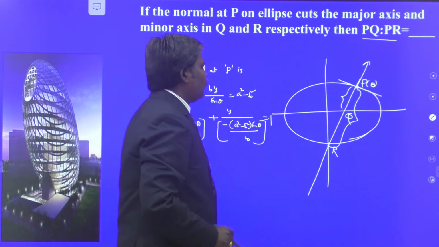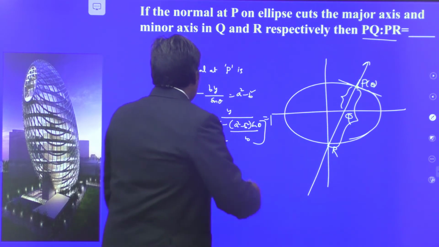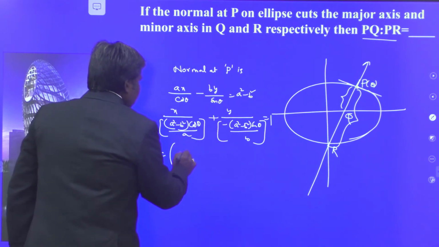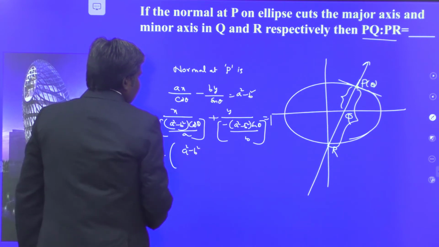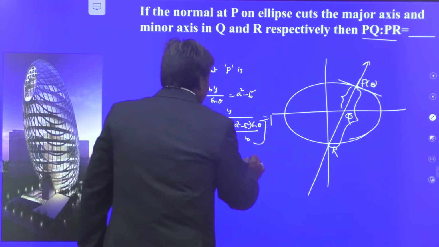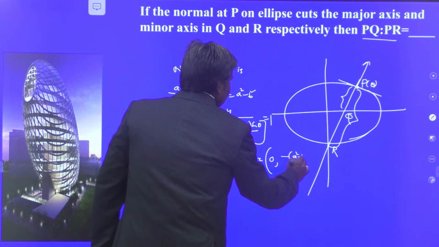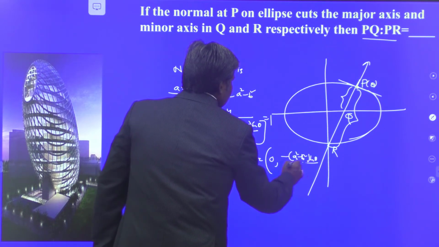So we have Q and R. What are the coordinates of Q? Q is ((a square minus b square) cos theta by a, 0) and R is (0, minus (a square minus b square) sin theta by b).